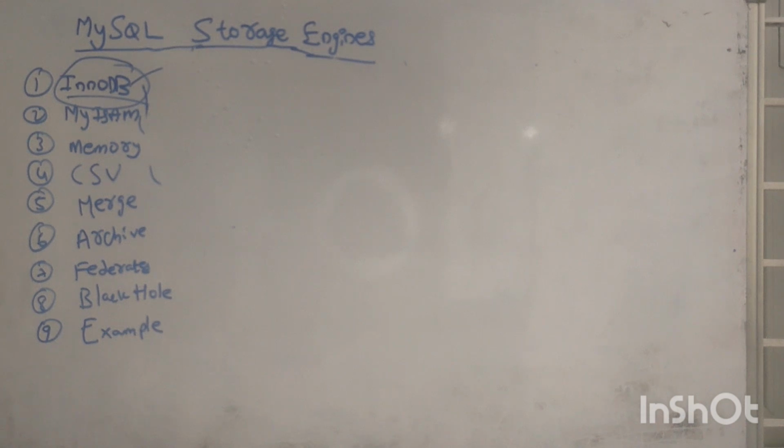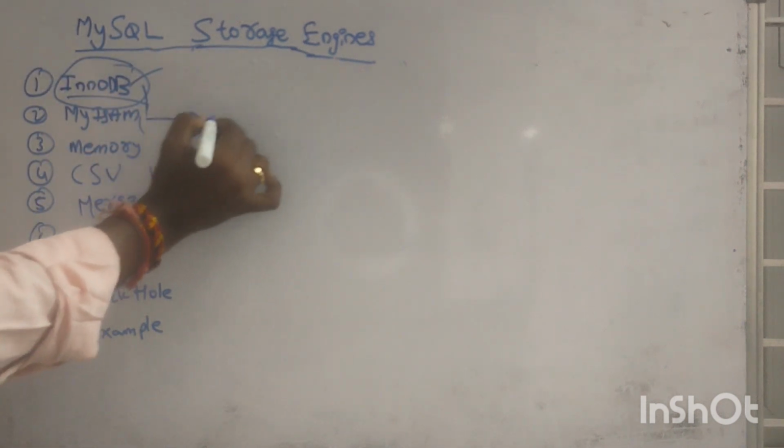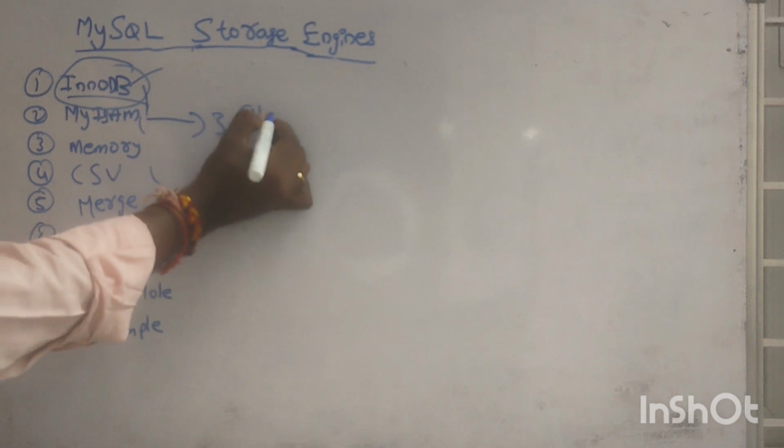And also, InnoDB stores user data in clustered indexes to reduce IO operations for common queries based on the primary keys. MyISAM maintains 3 files per table.